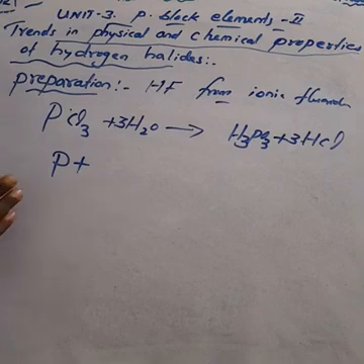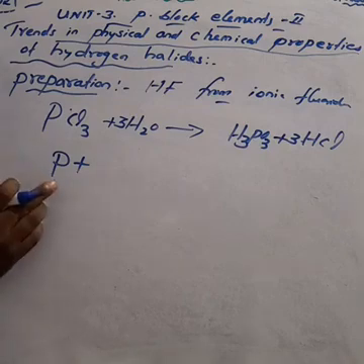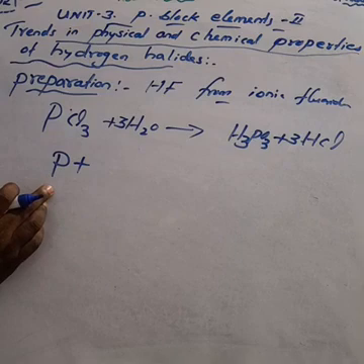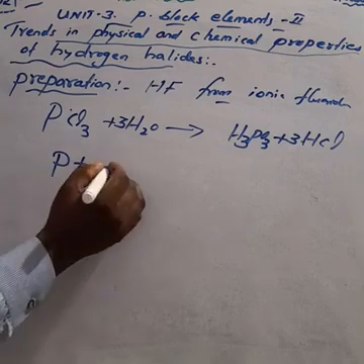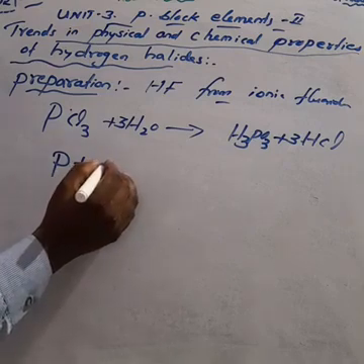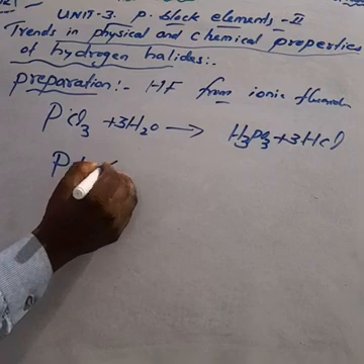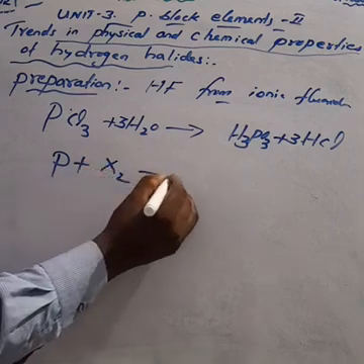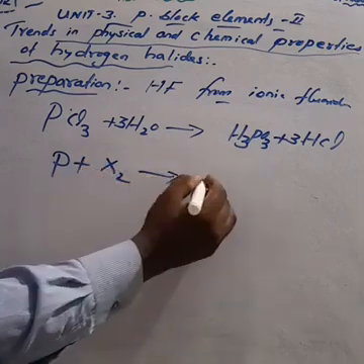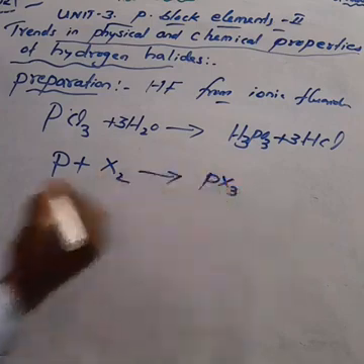First, we can prepare the phosphorus trihalide. How can you prepare the phosphorus trihalide? We take red phosphorus, that is P, and react it with halogen X2 to give PX3, phosphorus trihalide.